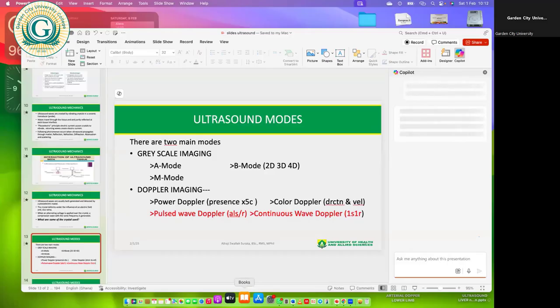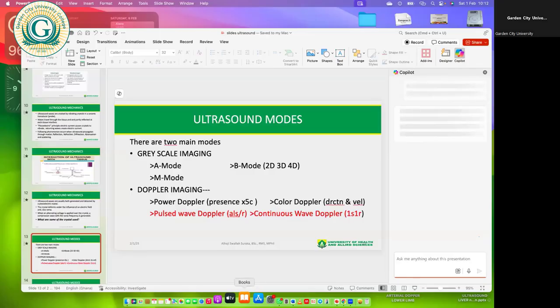So there are some Doppler imaging branches. We have one which is power Doppler. We have one which is color Doppler. We have the pulse wave Doppler. And we have the continuous wave Doppler.